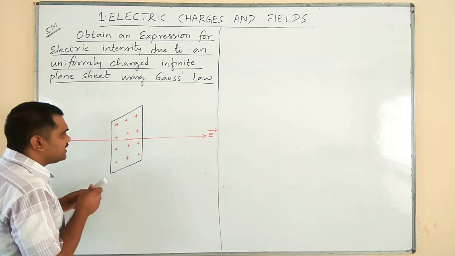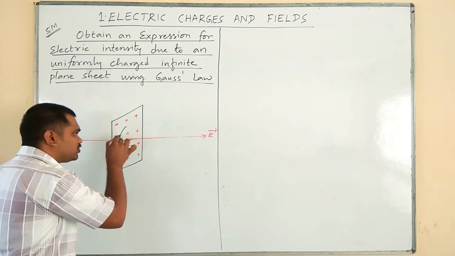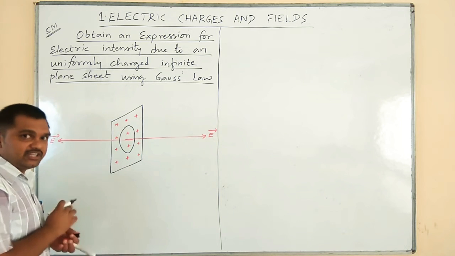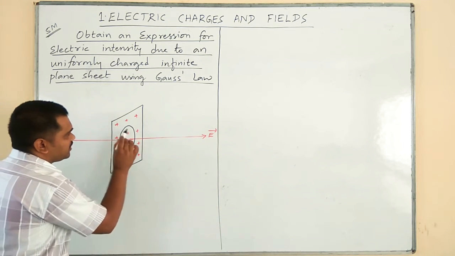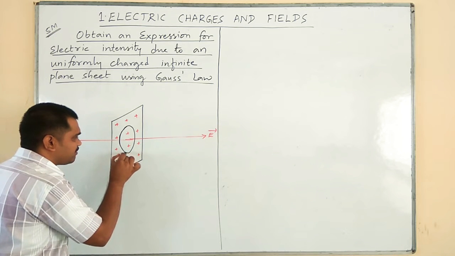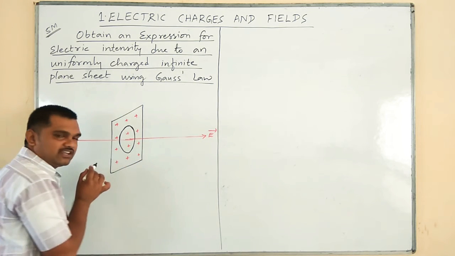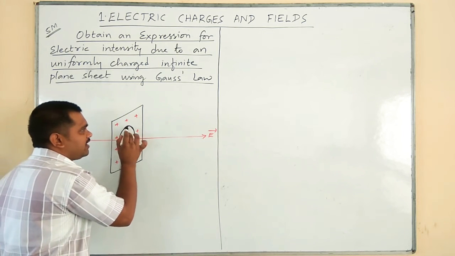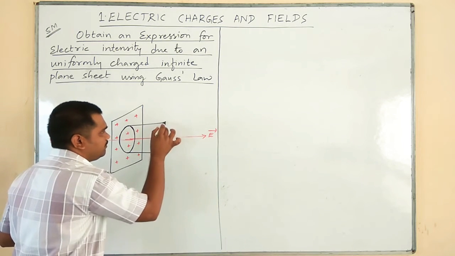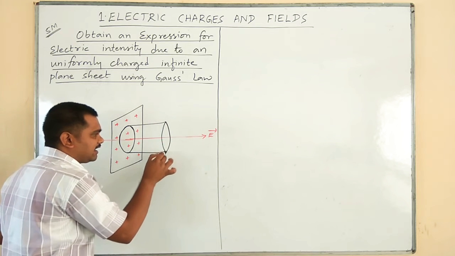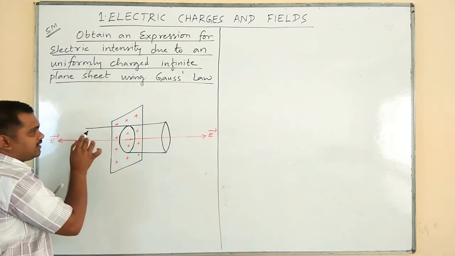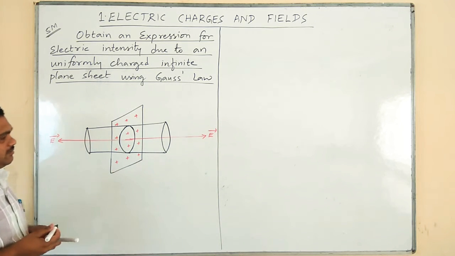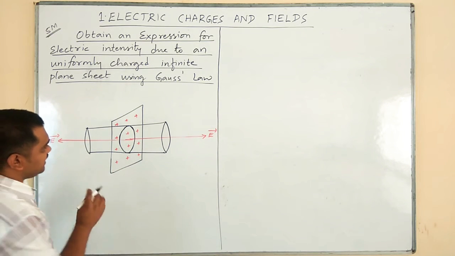Here, I will take only some small portion of this uniformly charged thin sheet. If I take a circular portion, we have to imagine a cylindrical Gaussian surface, that is a closed imaginary Gaussian cylinder.